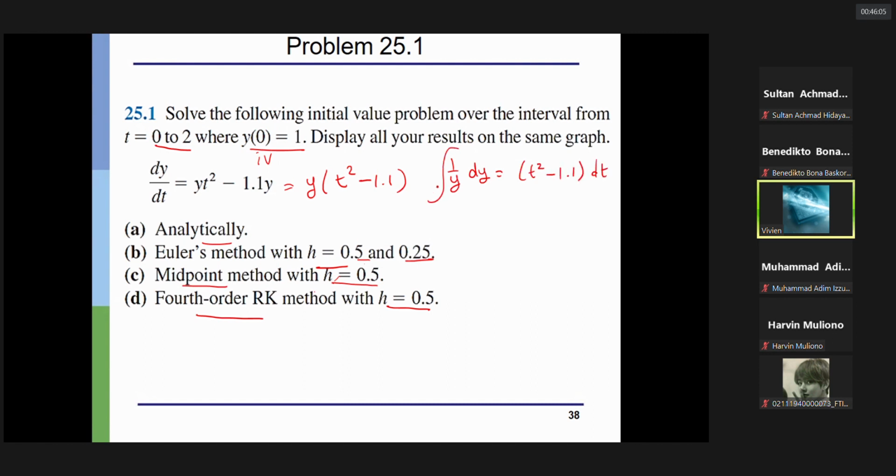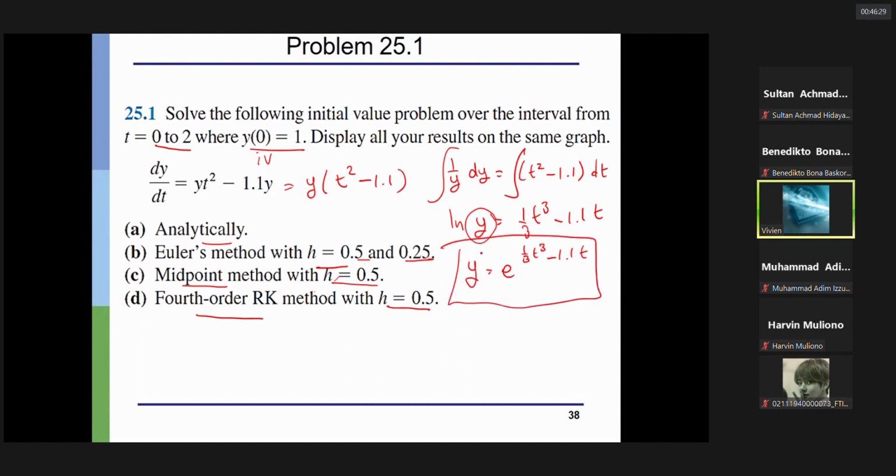We can just do the integration as usual, so we have ln y equals 1/3 t to the power of 3 minus 1.1 t. If we want to calculate y as a function of t, y will be e to the power of 1/3 t^3 minus 1.1 t. So this will be the analytical solution.